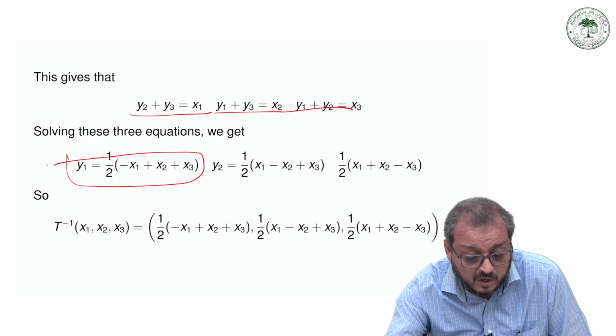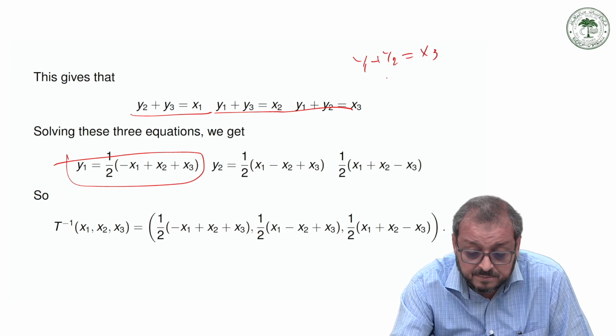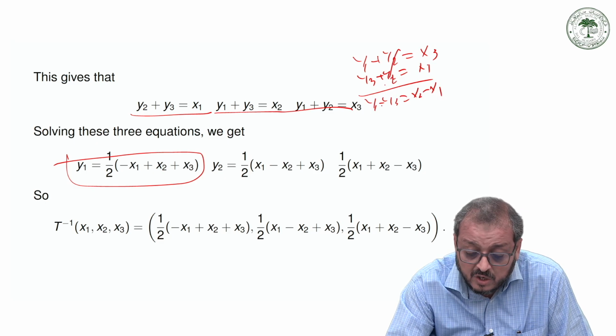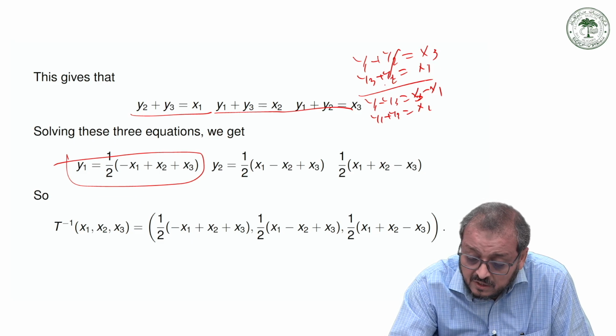To solve this, clearly we have y1 plus y2 equal to x3, and y3 plus y2 equal to x1. Subtracting these two, y2 cancels out, so y1 minus y3 is equal to x3 minus x1, and y1 plus y3 is equal to x2.